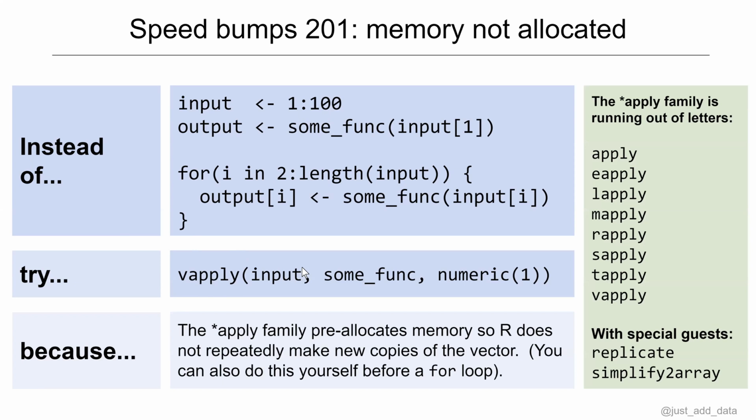If you know that the output of your function is, for example, a numeric value, you can actually specify what type of output R should expect. And that does two really cool things for you. If you loop over some input and apply some function, and the output doesn't match what you expect, it throws a really helpful error, and you'll be able to track down where that problem happens way more easily.